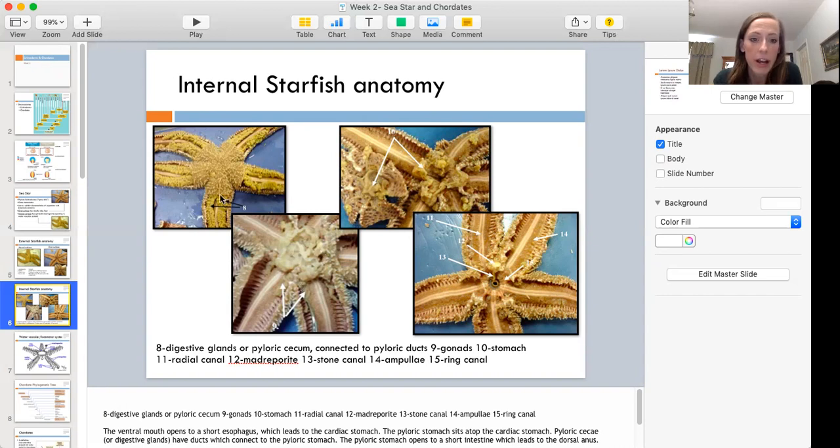And so if you cut up and remove a portion of the covering over the central disc, we're going to try to have you avoid cutting at first the location where the madreporite is, so that little bump on the surface. Avoid that to start with, and start to remove the covering on the other side of the central disc.